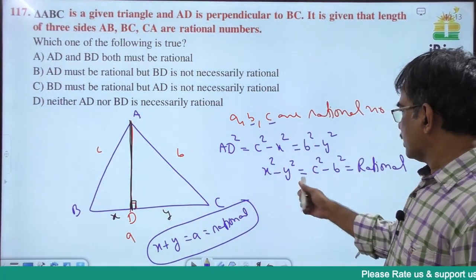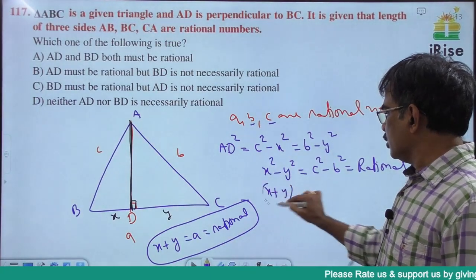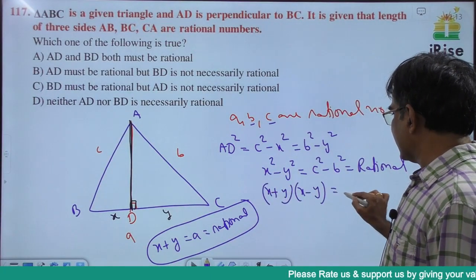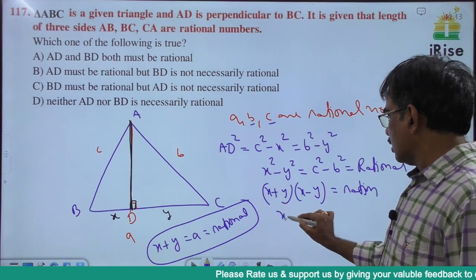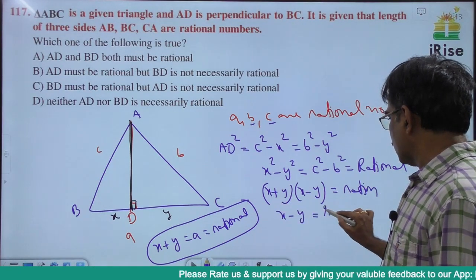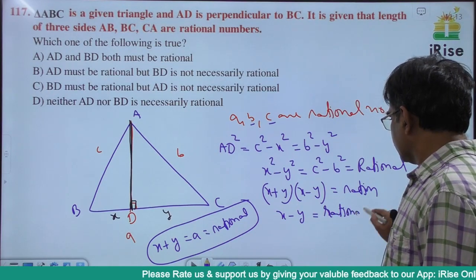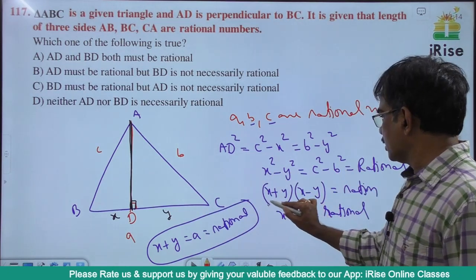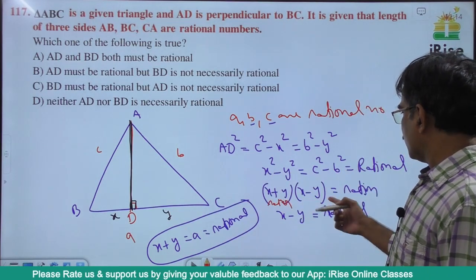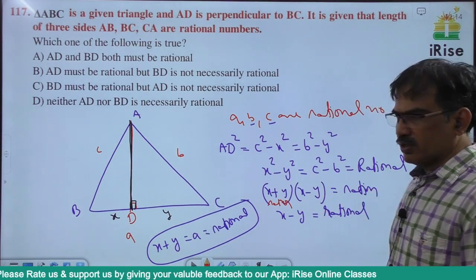So I want to write this as X plus Y into X minus Y is rational. Already X plus Y is rational, so X minus Y must be rational. If this is a rational number, here X rational into rational number is only a rational number.